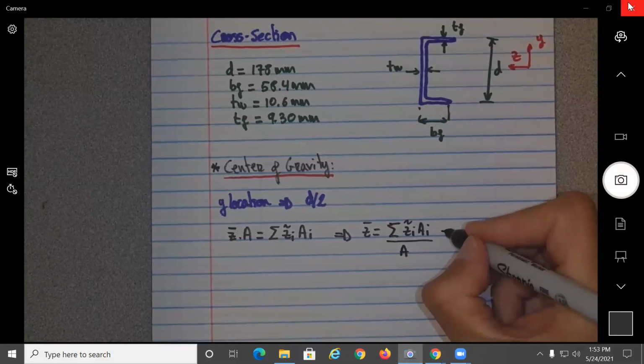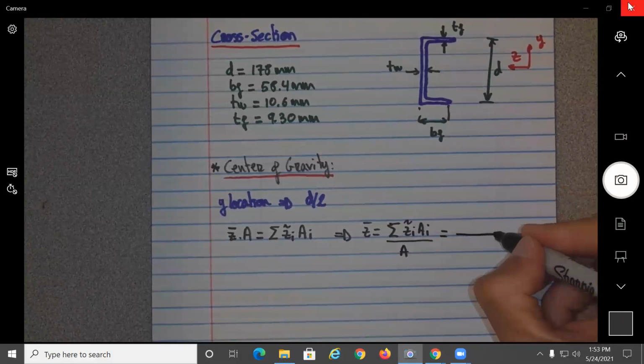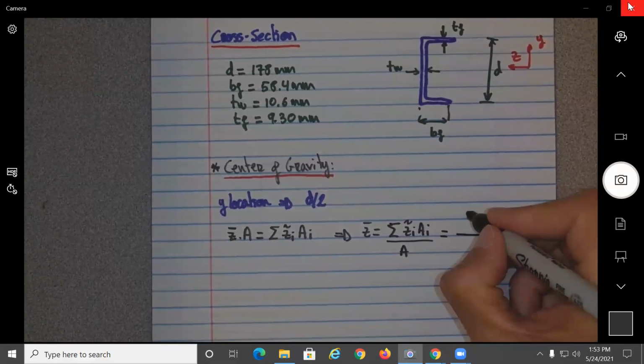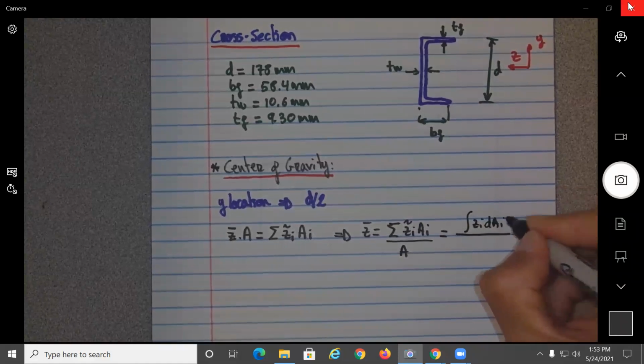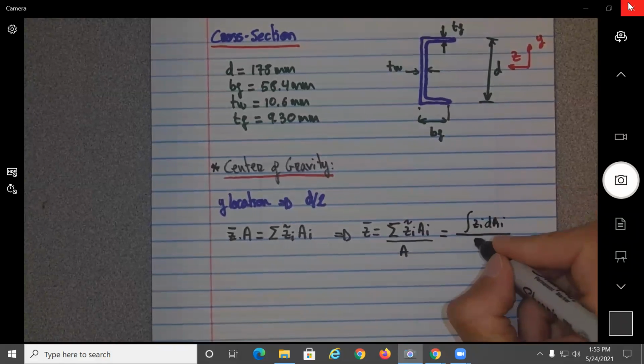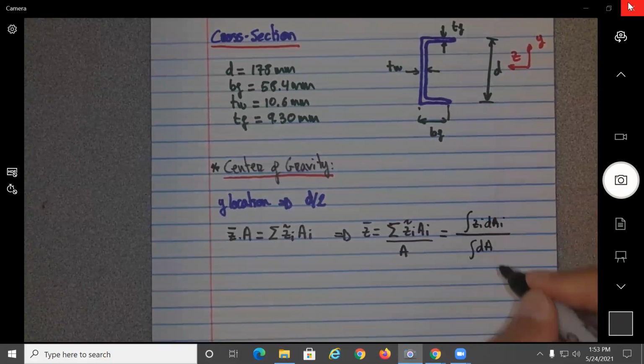Or you can write this into an integral form. You might be more familiar with it. That will be the integral of z sub i dA sub i divided by the integral of all the different areas.